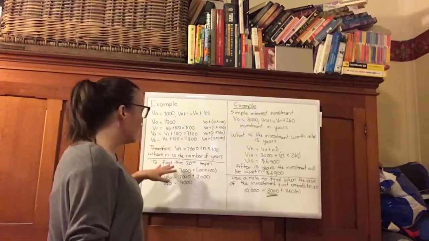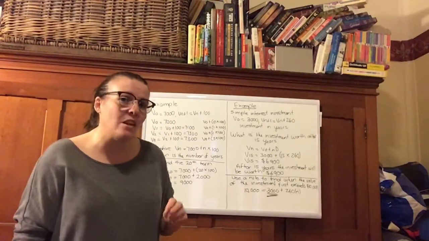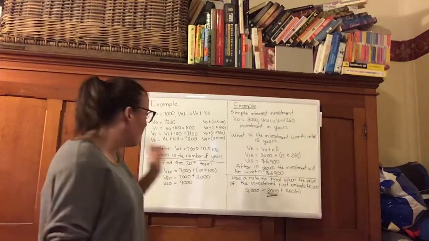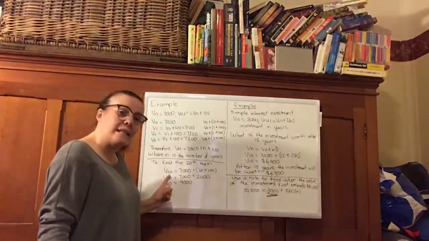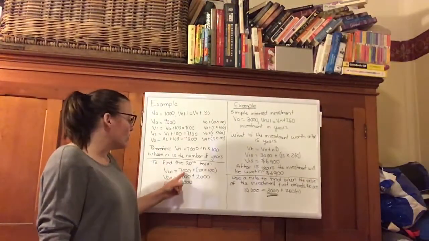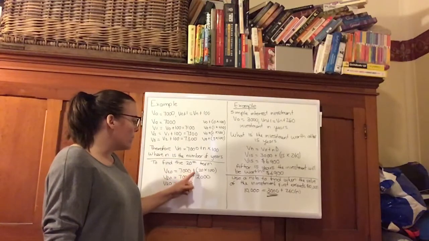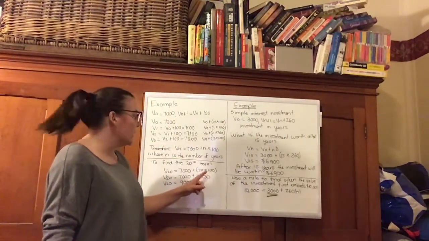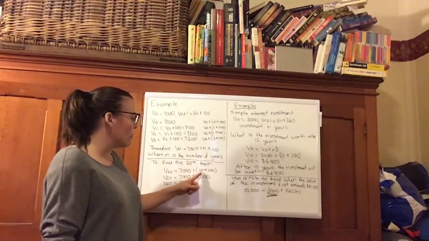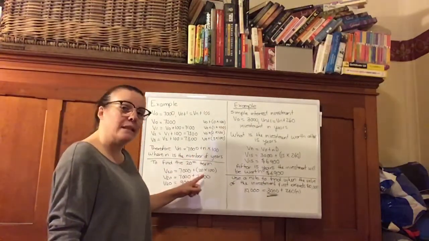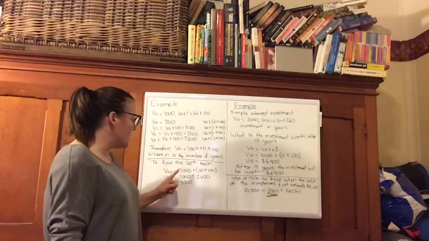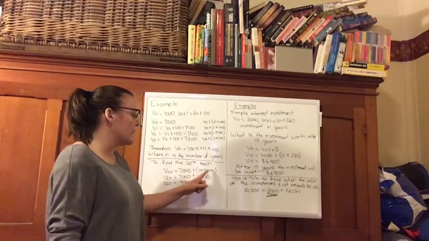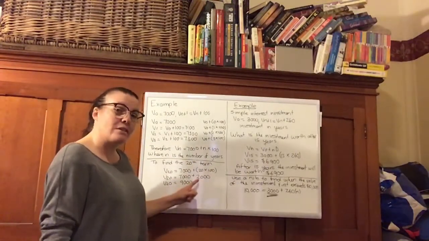So for example, if we want to find the 20th term, we don't want to write out 20 sums to get there. We can say V20 is equal to 7,000 plus 20 times 100. Instead of n, we put in the number of years to represent the 20, and we get V20 is equal to 7,000 plus 2,000, because 20 times 100 is 2,000.